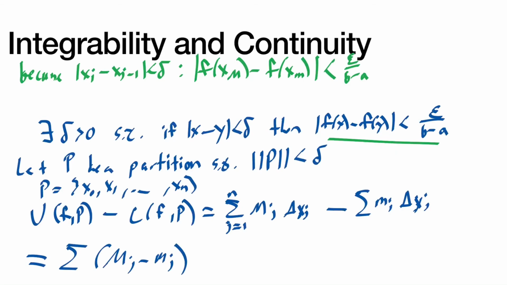And this is why I maybe shouldn't have departed from the textbook so much. This is why the textbook said that these points have to exist by the extreme value theorem. So let's go ahead and say that.